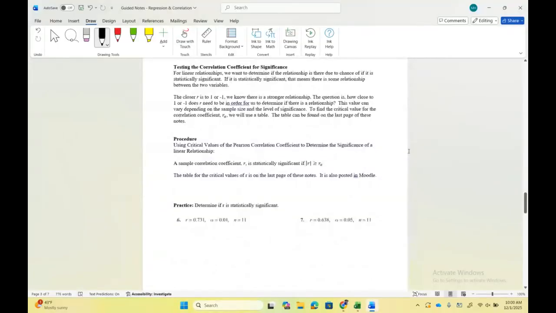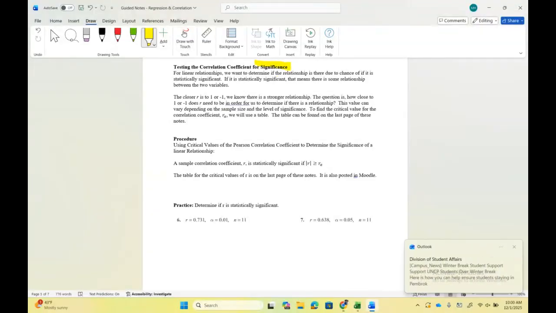So now we're going to learn how to test to see if that R value is significant. Does that actually mean anything? The closer R is to 1 or -1, we know that's a strong relationship. The question is, how close does it need to be in order for this to be significant? We have a critical value right here, this subscript alpha.